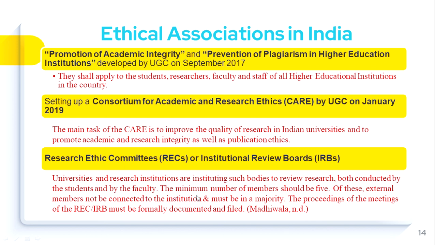The minimum number of members should be 5 in this institutional review board. Of this, external members not connected to the institution must be in a majority. So out of 5, 3 should be external members who are not connected to the institution directly. The proceedings of the meetings of these research ethics committees should be formally documented and filed.